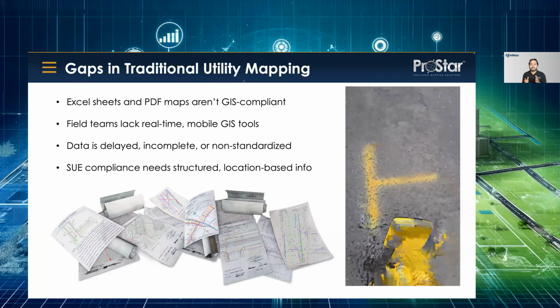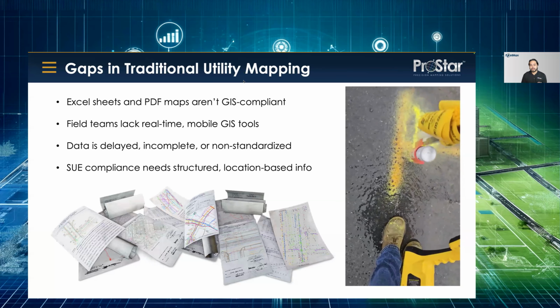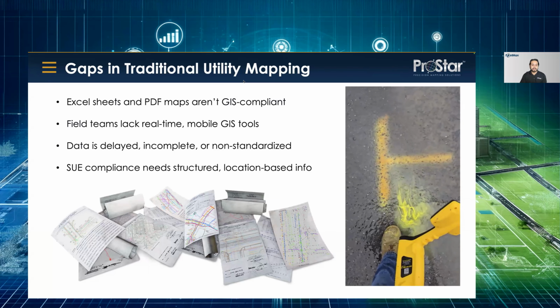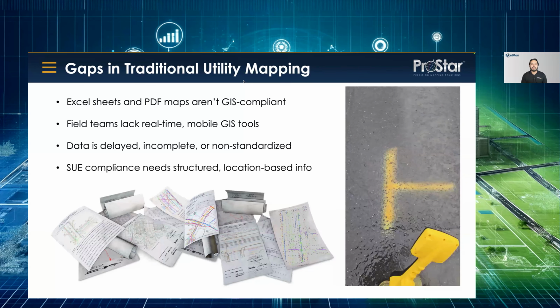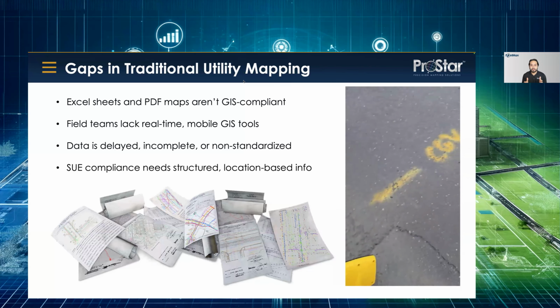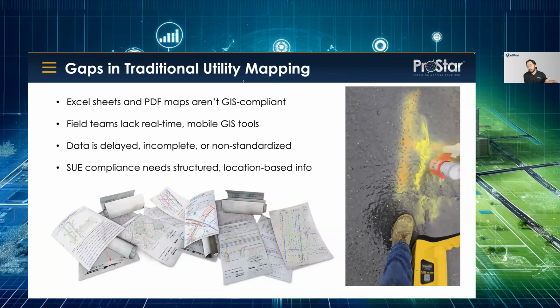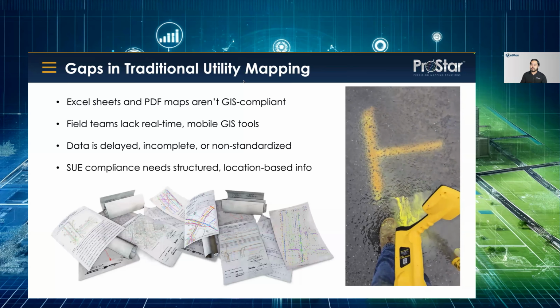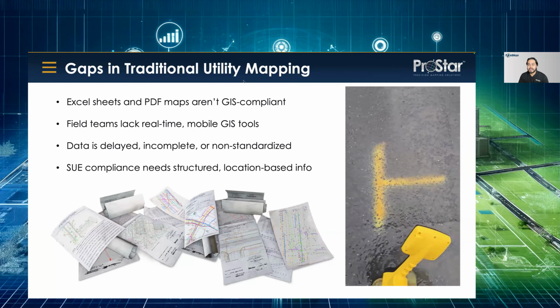That includes digitizing a lot of these paper records from things like as-builts, any information that's filed away in cabinets or other third-party software. We are taking what used to be a multi-week process of getting all this data and information together and putting it into the hands of everyday users.